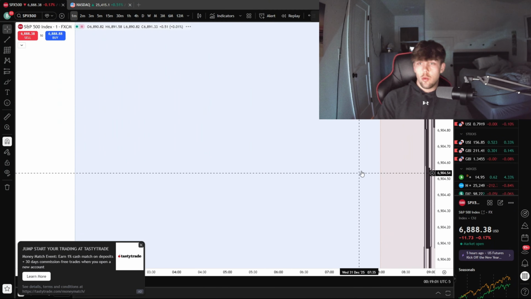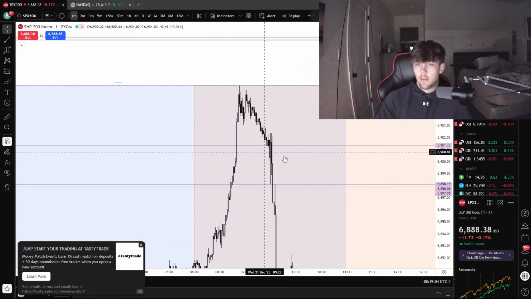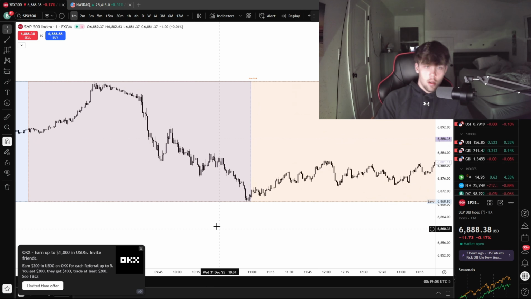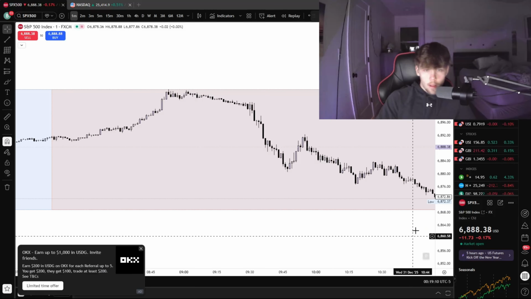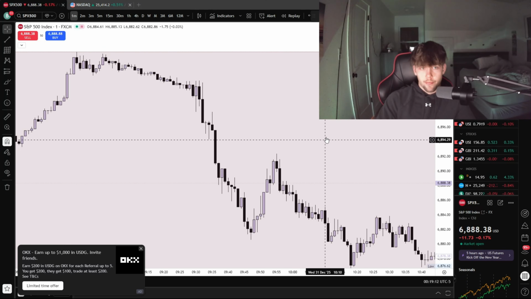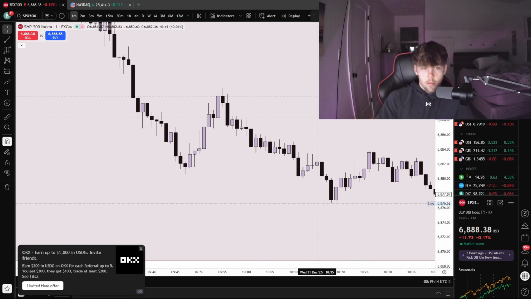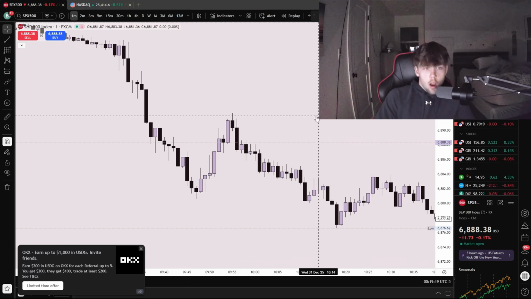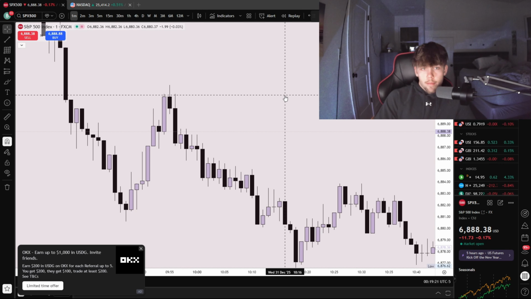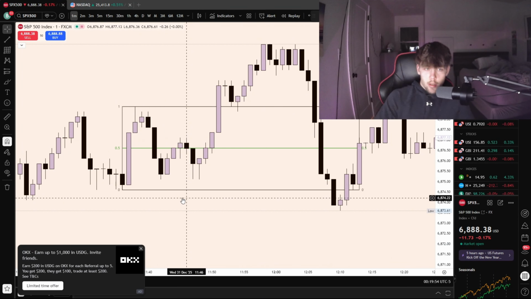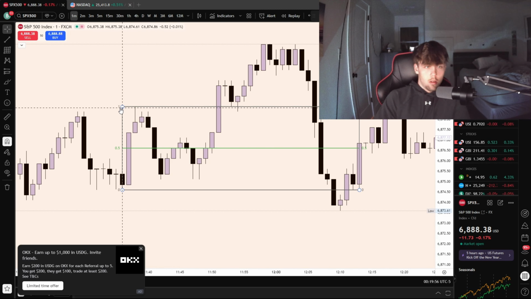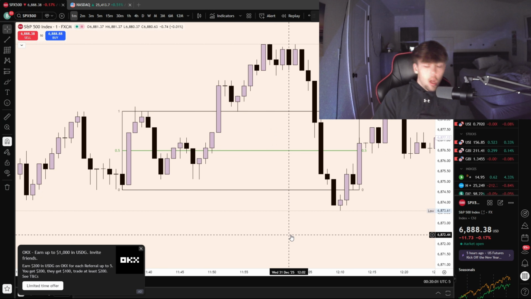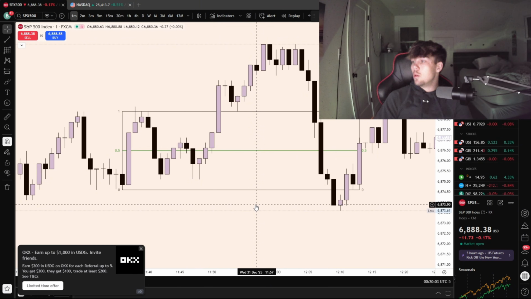Let's go to the S&P. See what we got here. Here's a good example of some bullish equilibrium.